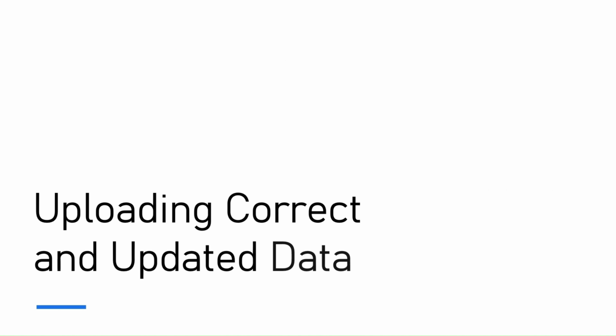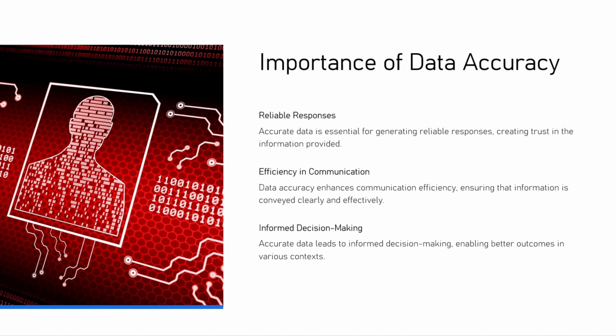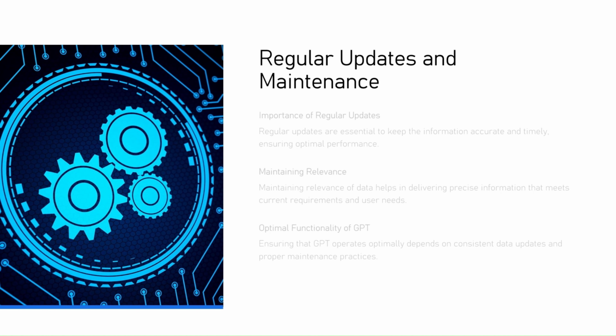Give GPT correct and up to date information. Whatever data you are referring to, good data helps it give you a better result and more useful answer. Always use accurate data in your prompts. Correct information helps GPT to give you reliable and helpful replies.